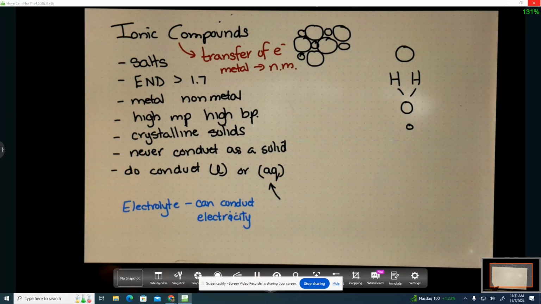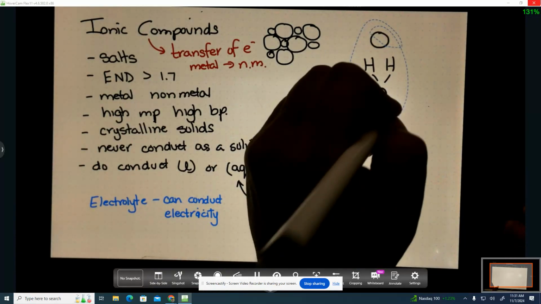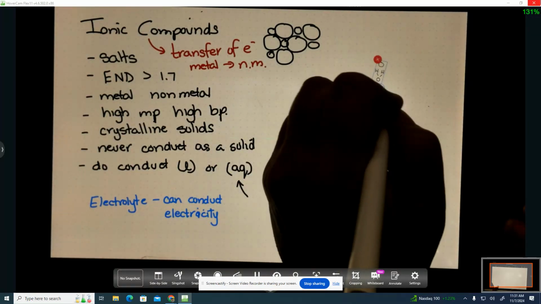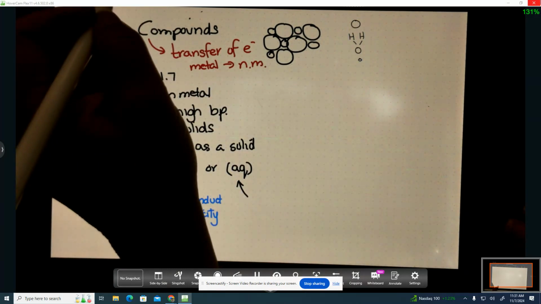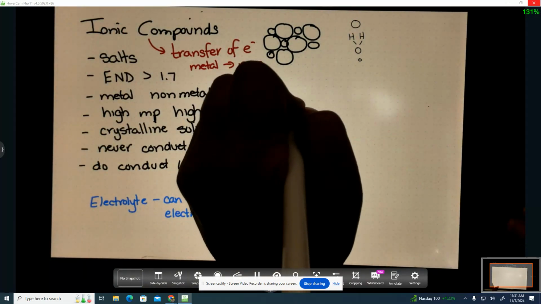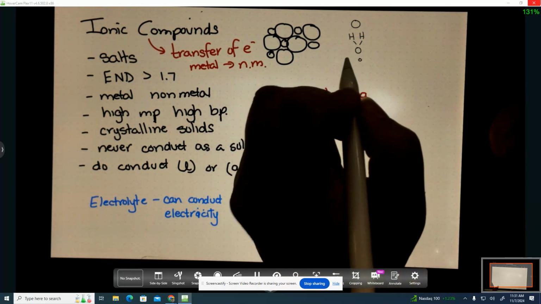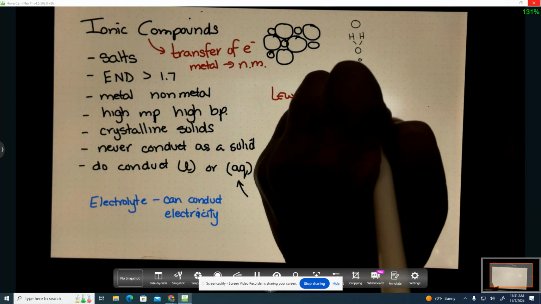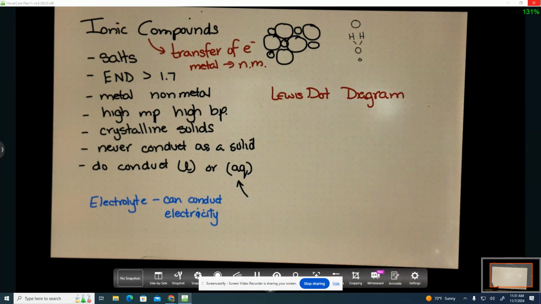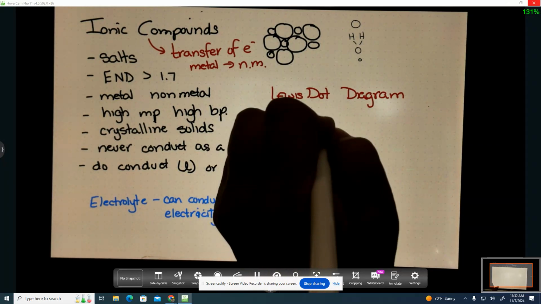And you also at this point should know how to draw a Lewis dot diagram of an ionic substance. So let's say you have sodium chloride.